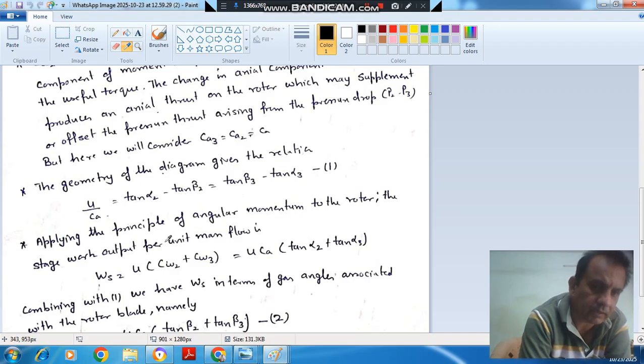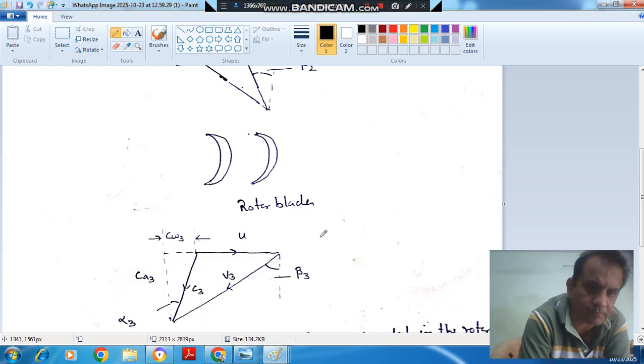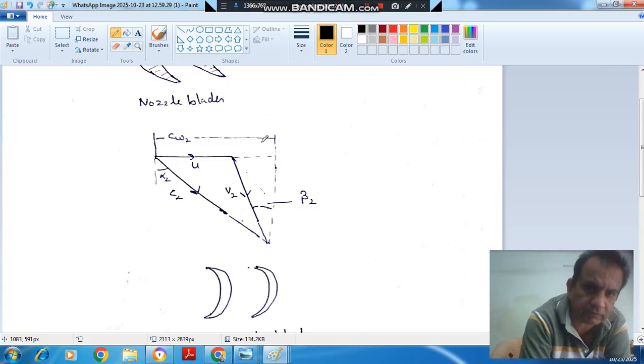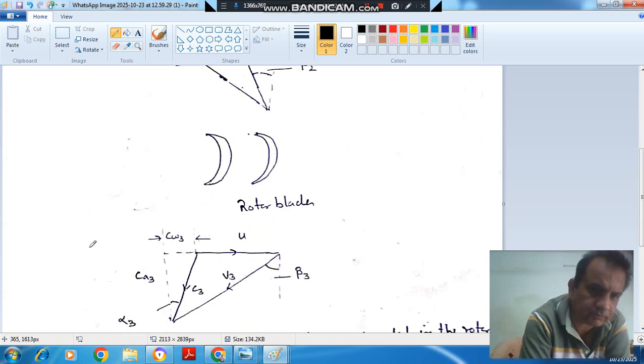Okay. And now we can see that the whirl component at the inlet is in this direction. C2 is in this direction, whirl component is in this direction, and the final whirl component is in the opposite direction. Okay.